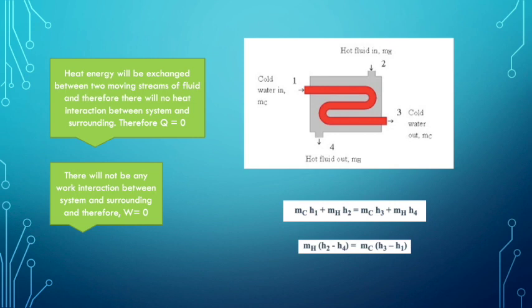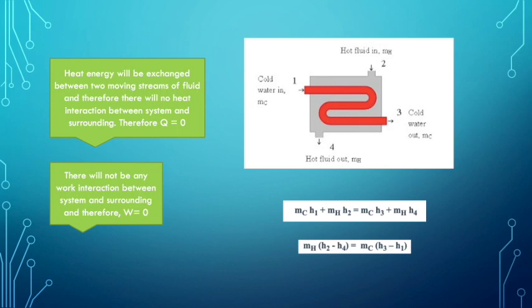Then let's see the figure. Cool water enters at state 1 and leaves the heat exchanger at state 3. Similarly, hot fluid enters at state 2 and leaves the heat exchanger at state 4, as displayed in the figure.